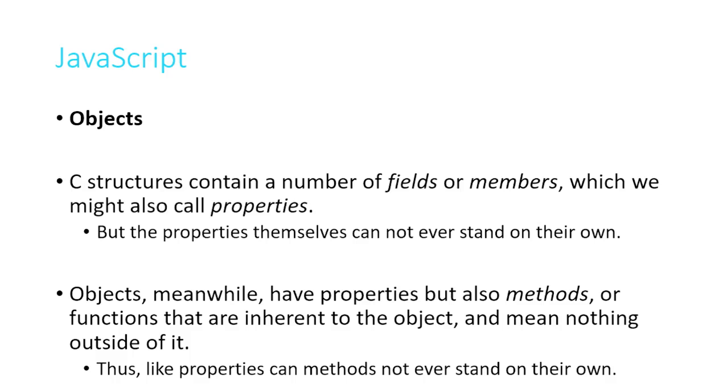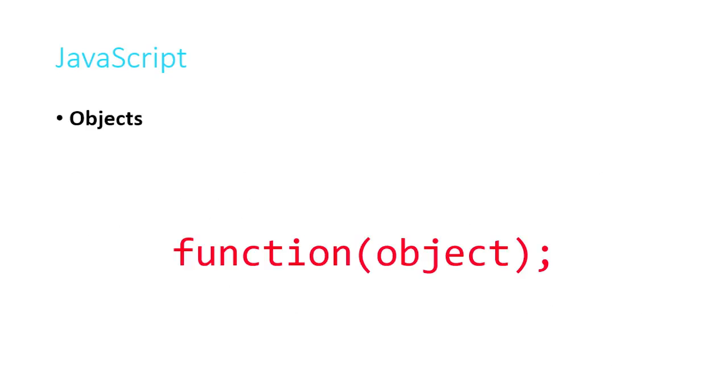That is object-oriented programming. That is different from here. But just like properties, methods don't stand on their own either. It's not like a function that just exists in the abstract. It is a function that only exists in the context of, in this case, an object. So where we might do this in C, function parentheses object, where object is a parameter to the function being called, that is not object-oriented styling.